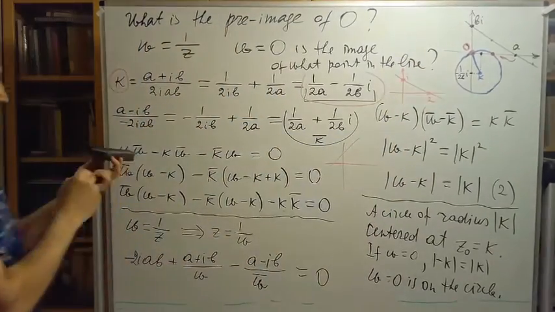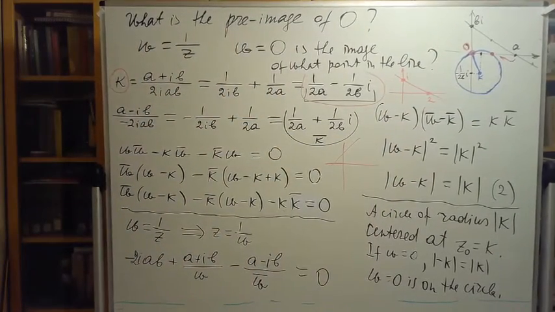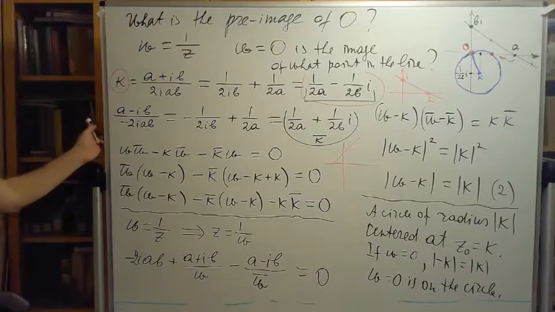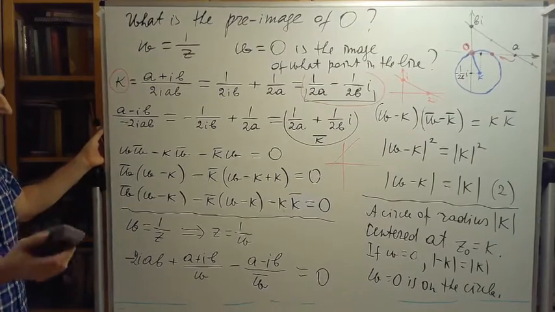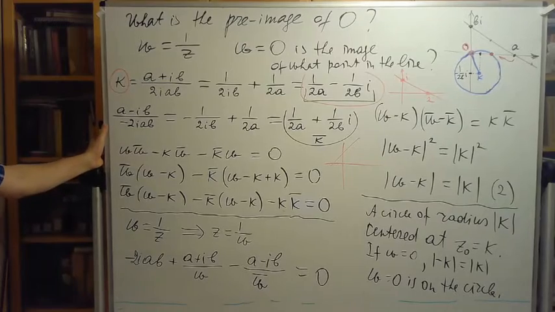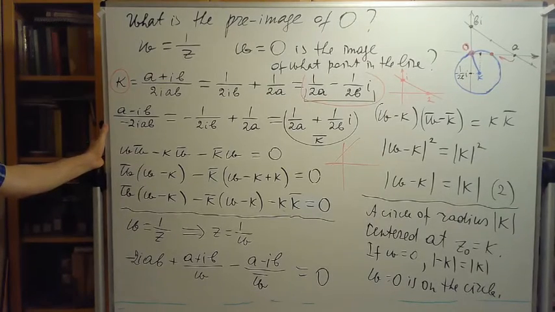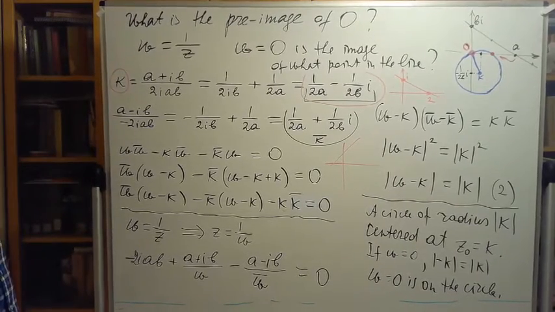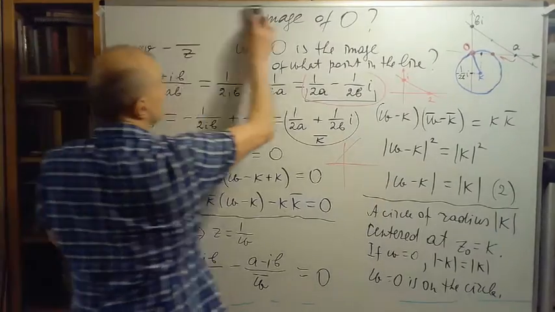That's an interesting question, and we will answer it probably not in this lecture, maybe in the next one, or in one of the next ones after that. And so we're almost done with inversions. The only thing I have to do as well is to prove an important property of inversion, conformality of inversion.